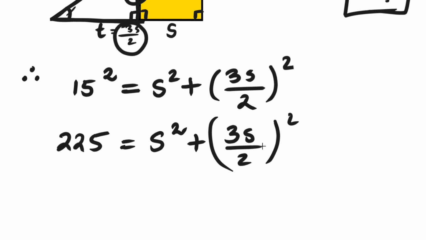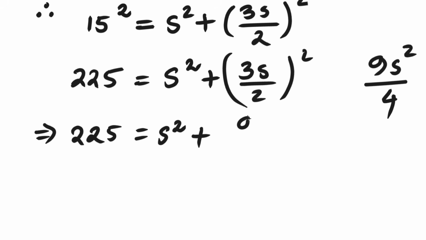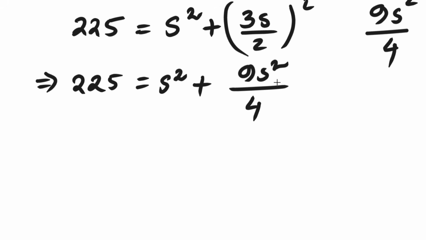Squaring the numerator and denominators separately gives us 9s squared divided by 4. Therefore, the equation becomes 225 equals s squared plus 9s squared divided by 4. Now we need to combine the terms on the right side, but they do not currently have a common denominator. The first term, s squared, can be rewritten as 4s squared divided by 4.